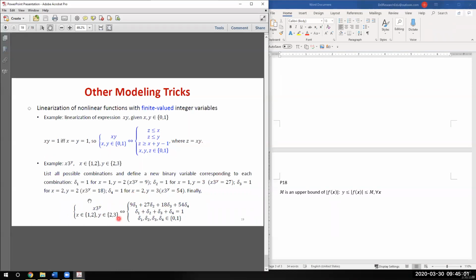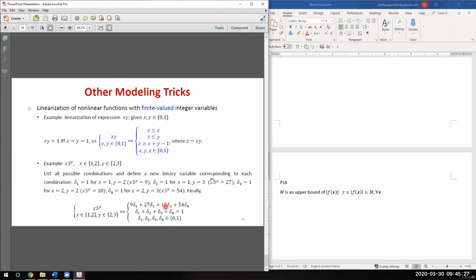So this is equivalent to this group of constraints: 9 delta 1 plus 27 delta 2 plus 18 delta 3 plus 54 delta 4, and the summation of delta 1, 2, 3, 4 equals to 1. And all of them are binary decision variables, so that it forces you to make a decision which delta equals to 1. There must be exactly one delta i equals to 1.